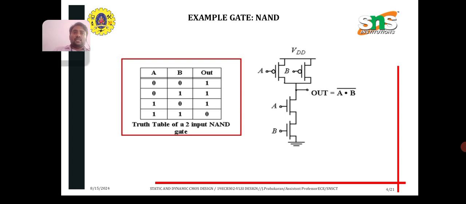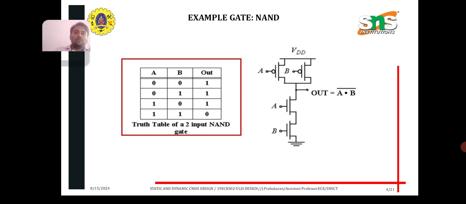For a NAND gate, the NMOS transistors are arranged in series. Both A and B must be high for both NMOS transistors to conduct and pull the output Y low.